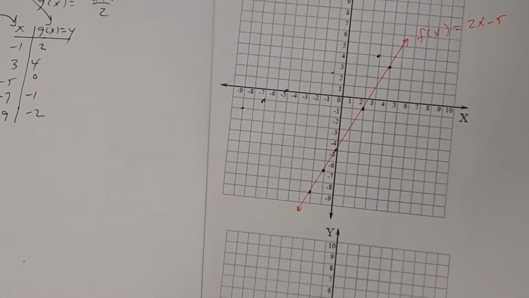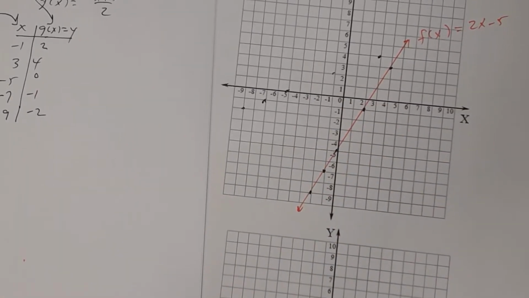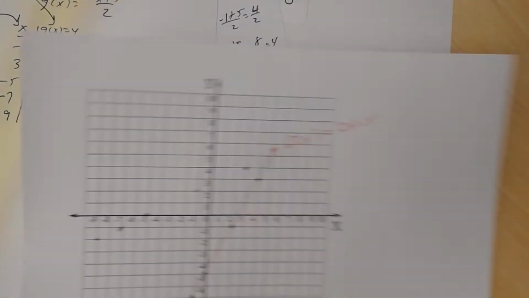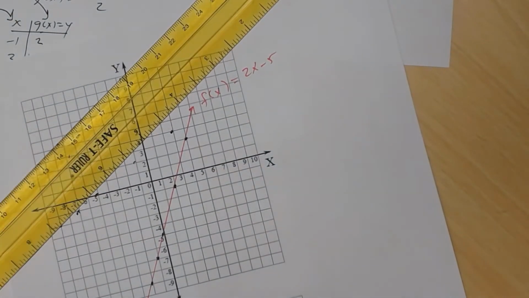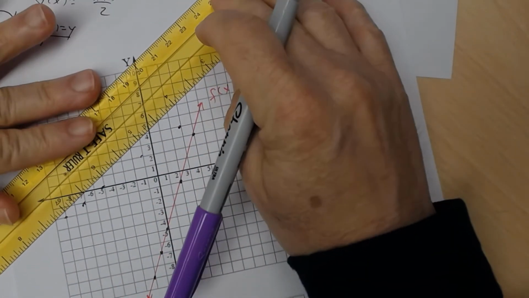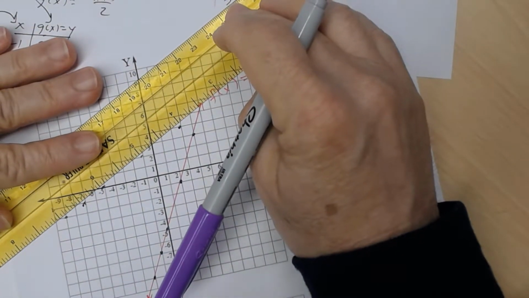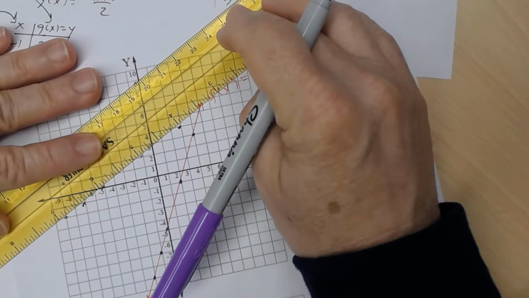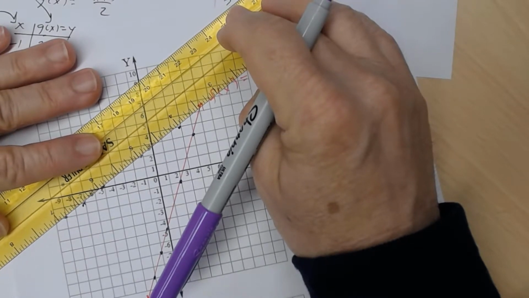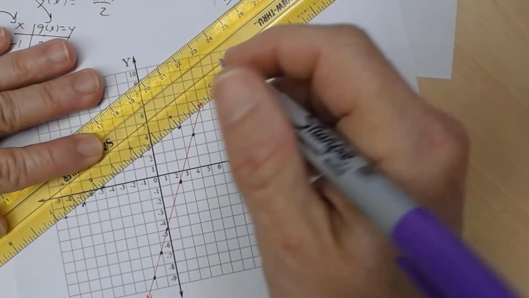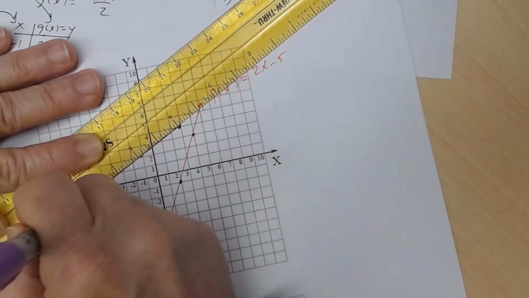All right, now I'm going to use a purple line for this one, and I'm going to draw this line. I'll do the best I can with connecting these points. So I get something that looks like this.